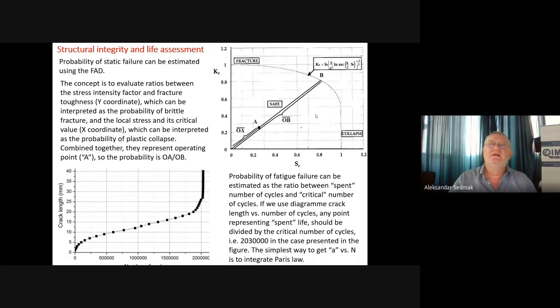So we can define the probability of failure according to the position of the point. We can define it as OA divided by OB. That is as simple as you can imagine, but still based on a sound fracture mechanics concept.